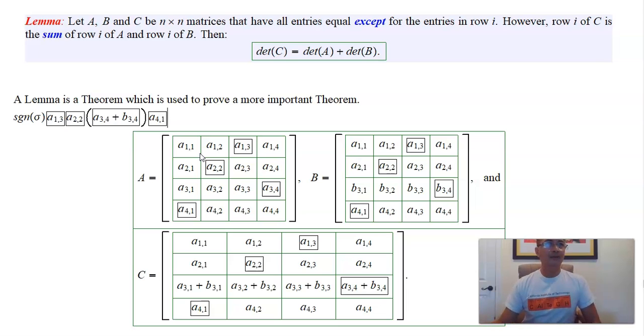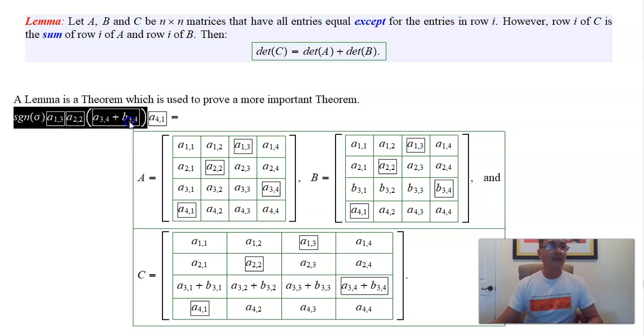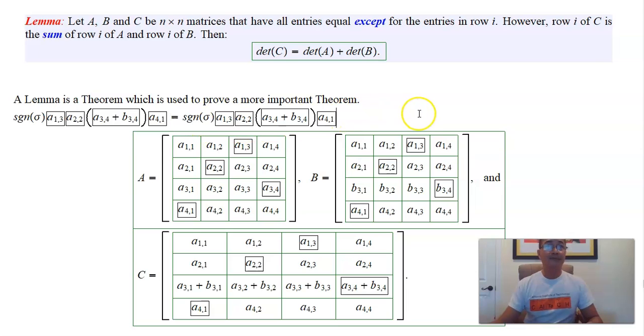Okay, and then we're going to feel a little bit foolish because what can we do? Well, we have this thing called the distributive property. So I will distribute this term so that A34 is by itself and B34 is by itself inside the parentheses.